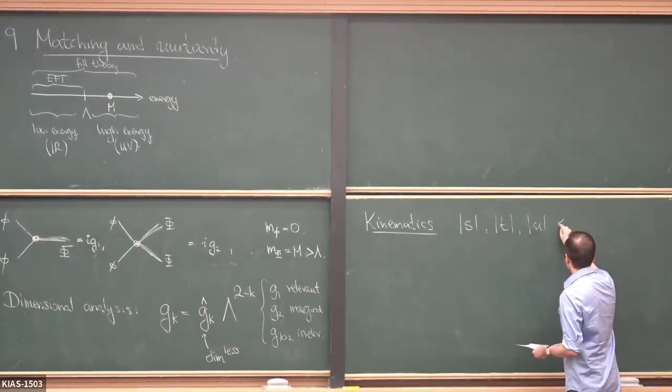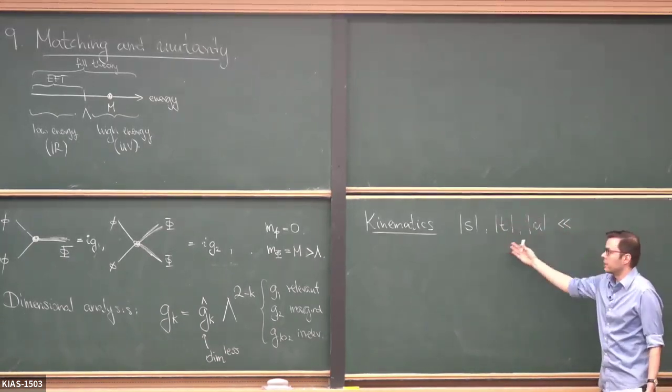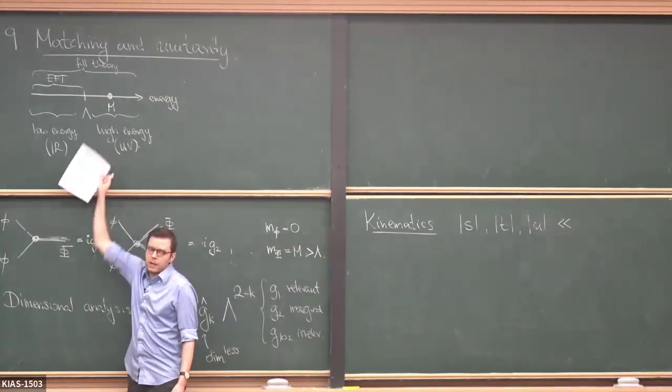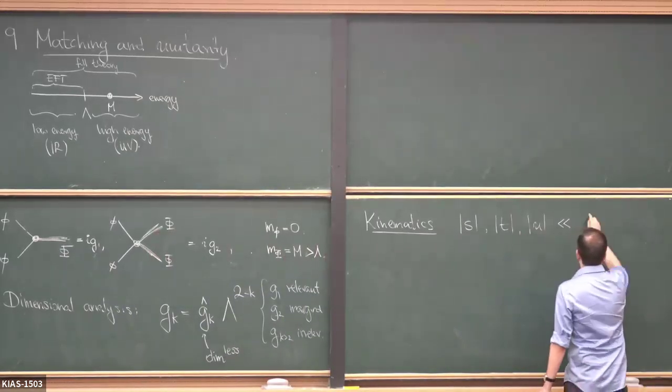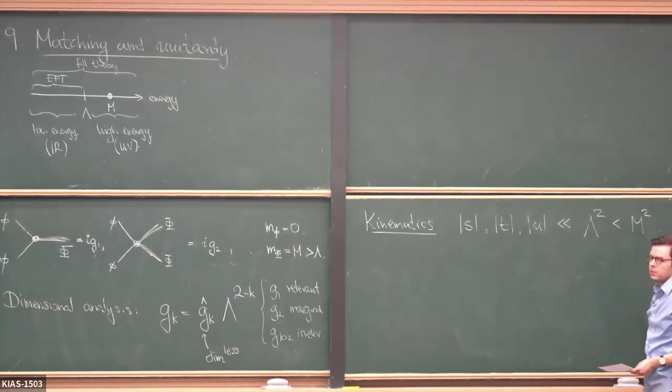So let me take the absolute values. If I want to be in the EFT regime, it means that all the kinematic invariants have to live in this low energy theory. So that means that they have to be way below the cutoff, so below lambda squared. And then likewise, I've put the mass of the heavy particle to be above lambda.